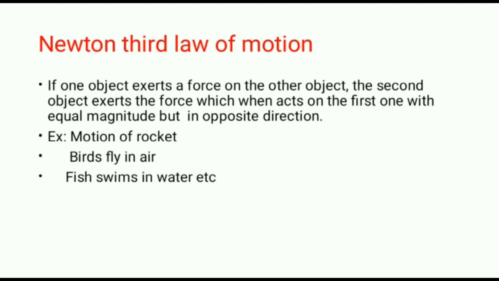So Newton's first law and second law work on a single object, but in the third law there are two objects. One is the action object, another is the reaction object.